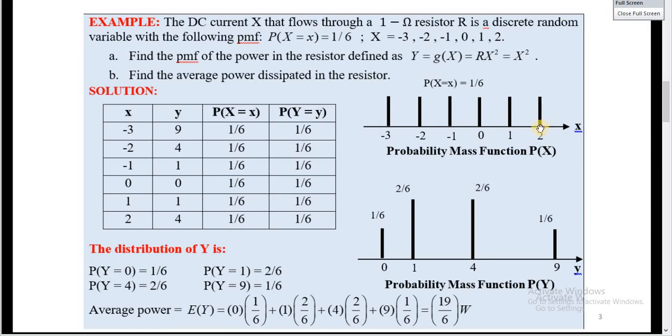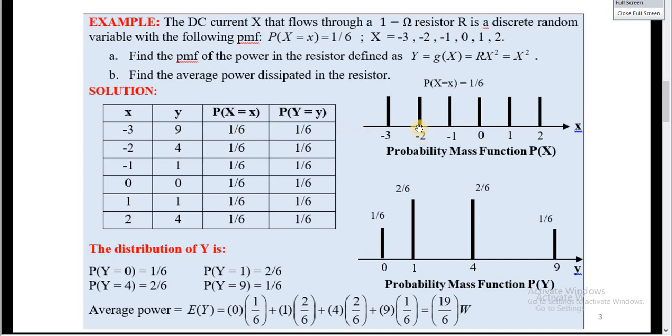So in this case, these are the values of X, and we have this transformation Y equal X square. X assumes values -3, -2, -1, 0, 1, and 2, and so the values of Y are as follows. When X is -3, Y takes on the value -3 squared, so Y is 9.